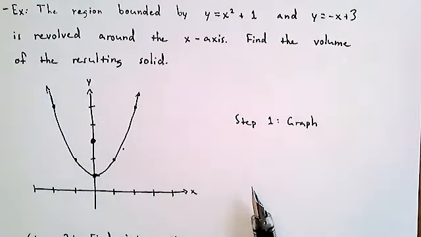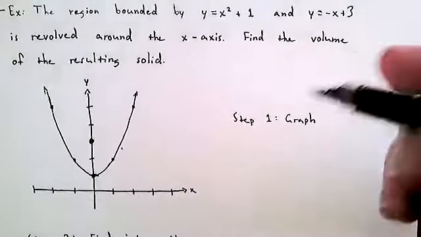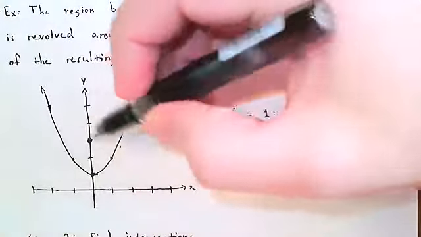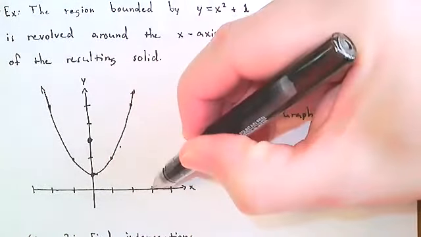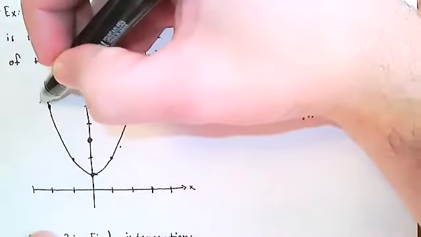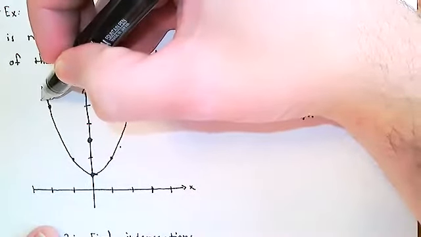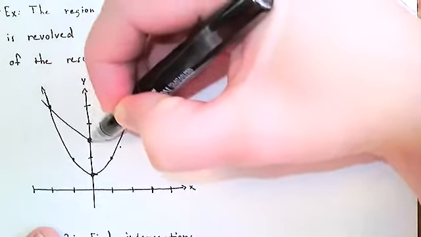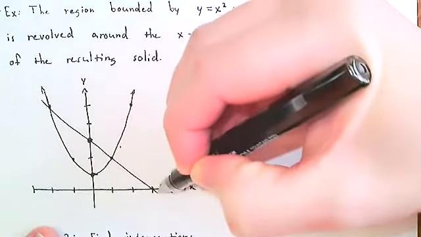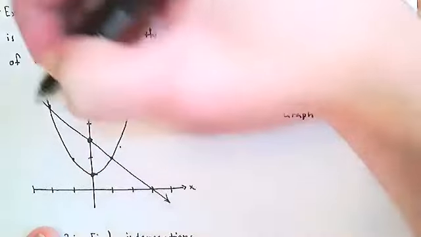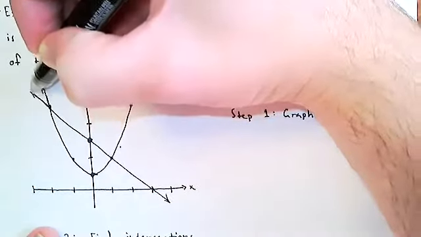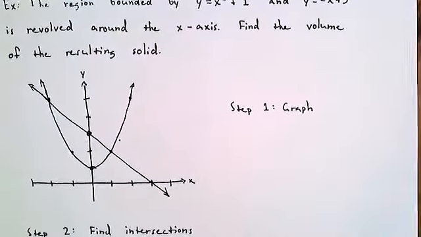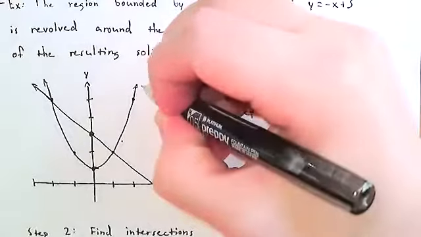Okay, so graph your line with slope minus 1, excuse me. Like so, and then maybe we can label both of these.